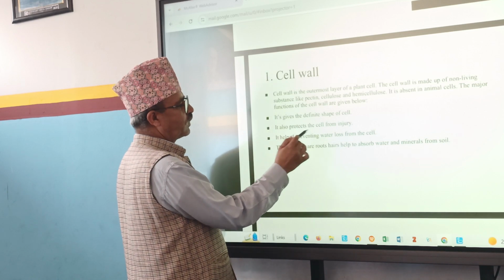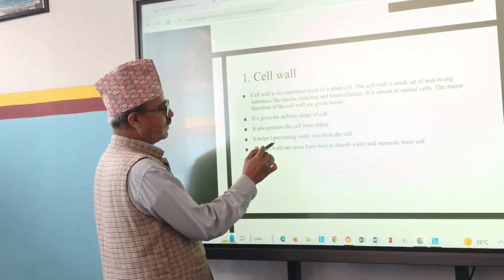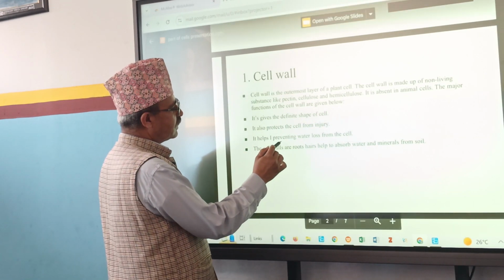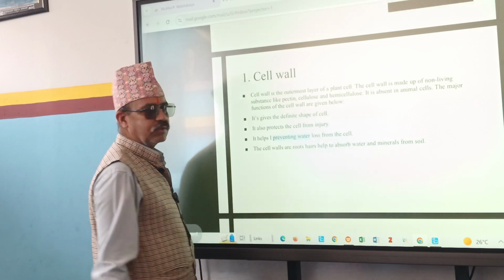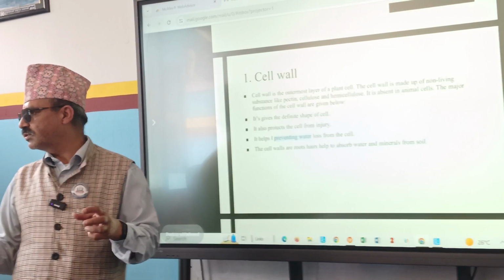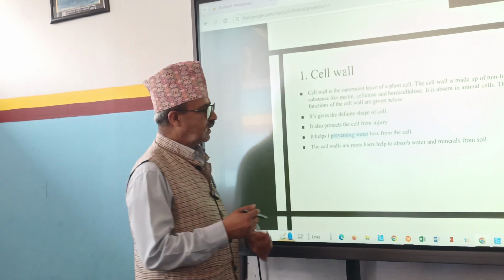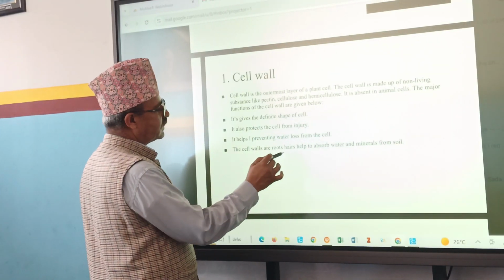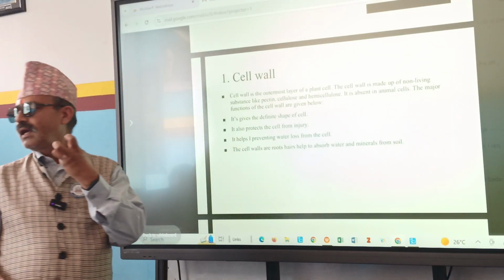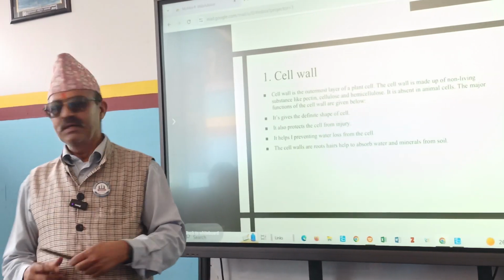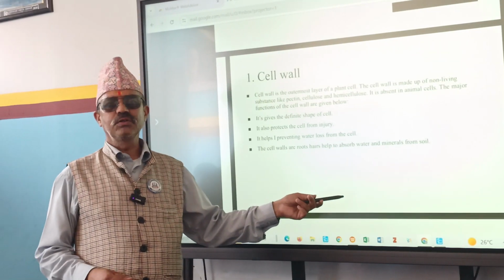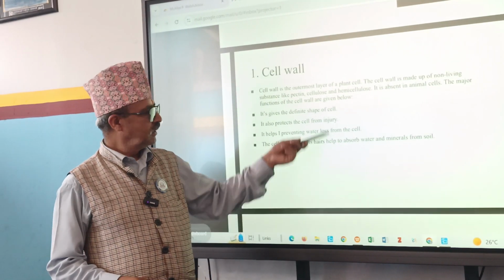Next, protects the cell. Next, it helps prevent water loss from the cell. Does not allow water to go outside easily. And the cell wall which is present in root hair helps to absorb water. Minor explanation and function. That's great.